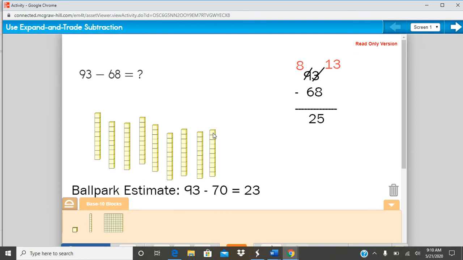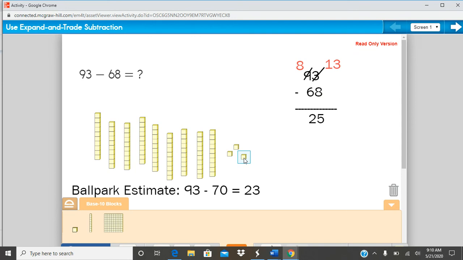Okay, so there's my 9. And then I have my 3. 1, 2, 3. So I don't have to do anything with this number here as far as base 10 blocks because I'm subtracting. So 93 is the only number I need to make with my blocks.